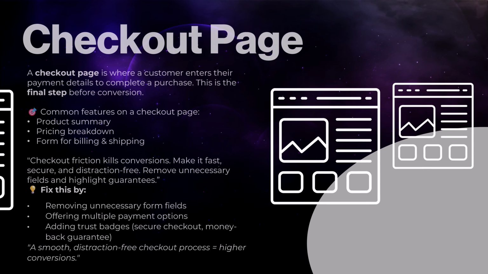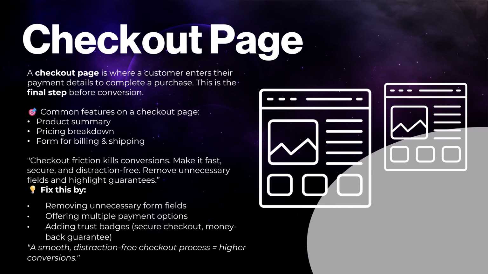The next type of page is a checkout page. Now, this is the type of page where a customer enters their payment details to complete a purchase. And this is the final step before conversion, which is why it is the most crucial step, because most of the conversions fail here. And you can fix this by implementing small changes. And here are those.